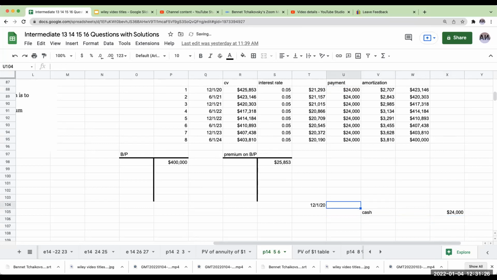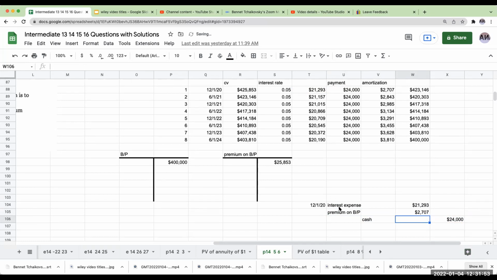I'm going to debit interest expense for 21,293. And then I'm going to debit premium on bond payable for the difference over here, or 2707.